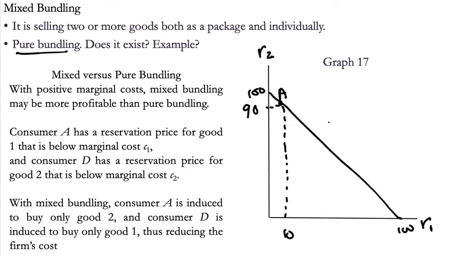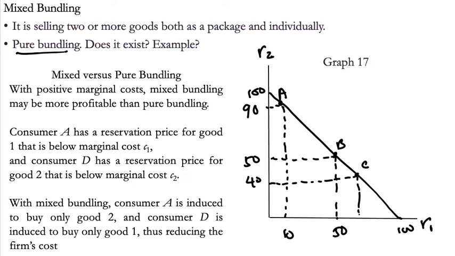We also have consumer B, which has 50 and 50. Then we have person C, 40 here and 60 here, and then we have person D, 90 here and 10 here.